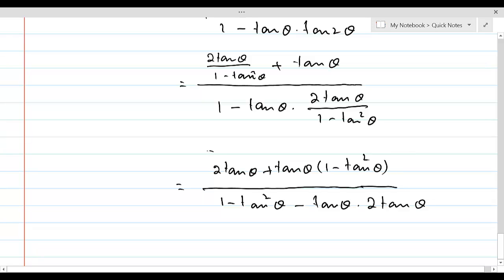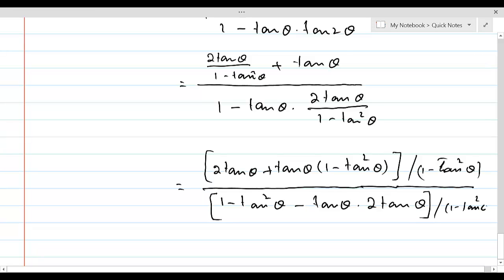And here we have the denominator 1 minus tan square theta, and here again we have the same denominator 1 minus tan square theta.